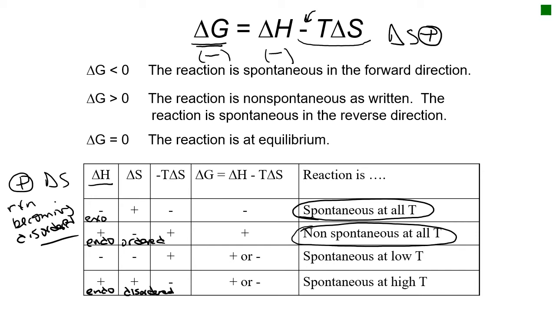We look at our equation here: delta G is equal to delta H minus T delta S. If our delta S here is positive, and we're multiplying it by a temperature, as the temperature goes up, this reaction is going to become more spontaneous. If they are both negative, it is reversed, and it's going to be spontaneous at low temperatures.